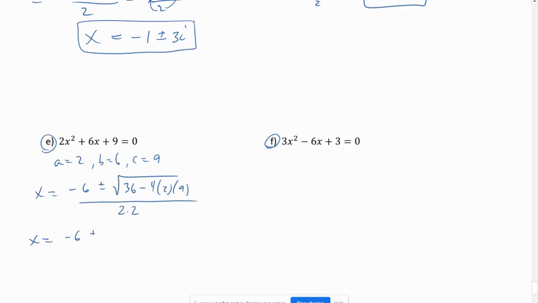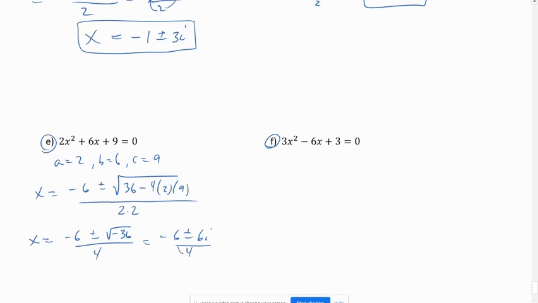So we have -6 plus and minus, let's see, this is 8 times 9 is 72, so we have the square root of -36 over 4. And so that is -6 plus and minus 6i over 4.